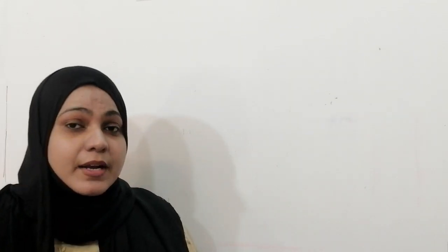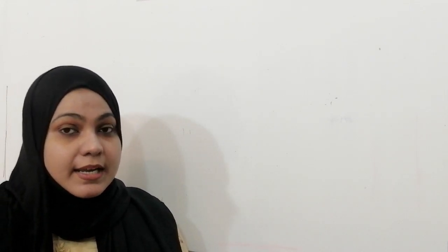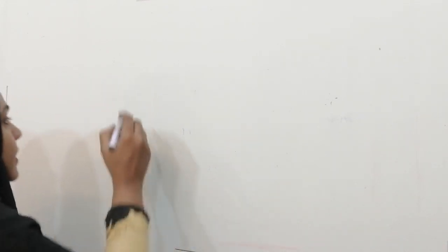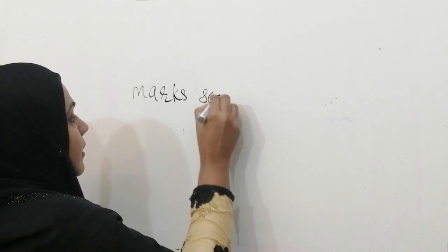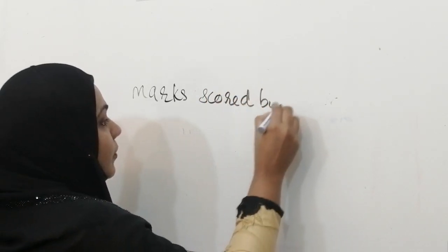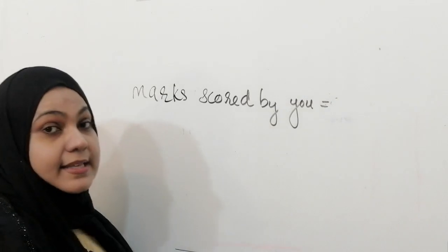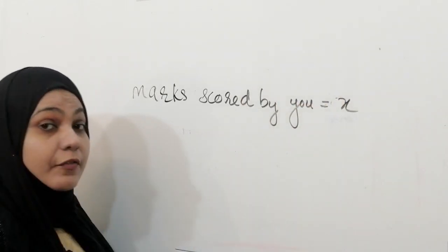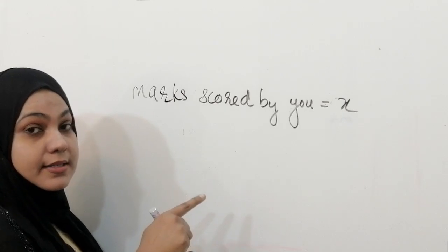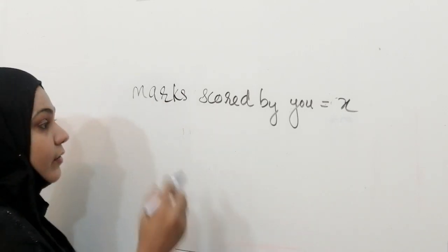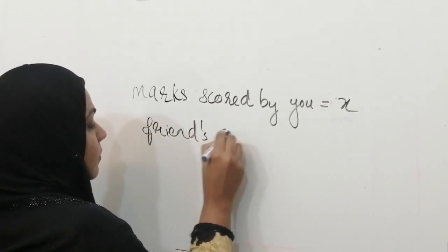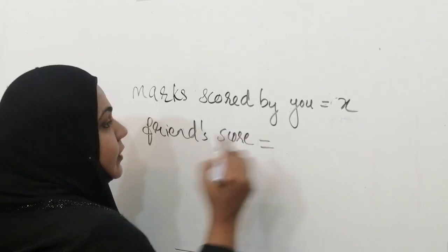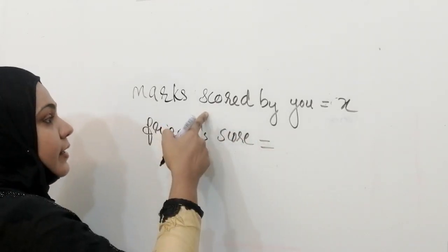Let's think of another example. Your friend scored thrice that of you. How can we express this mathematically? Marks scored by you, we can take it as X. Your friend scored thrice the marks you have.